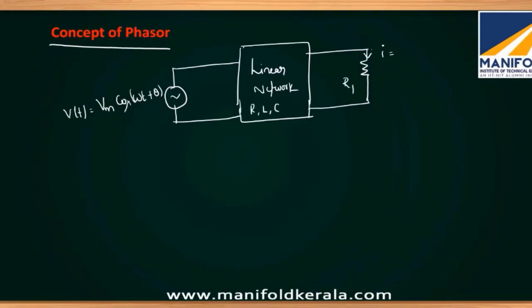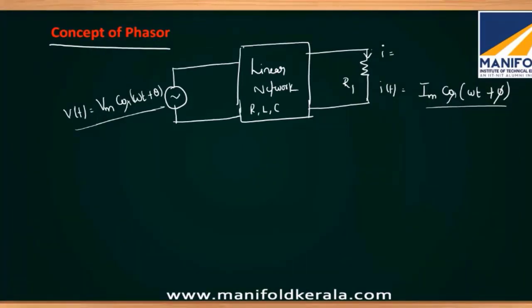The current which I'm getting is, say, i(t) equals Im cos(omega t plus phi). So for this excitation, I am getting this response.